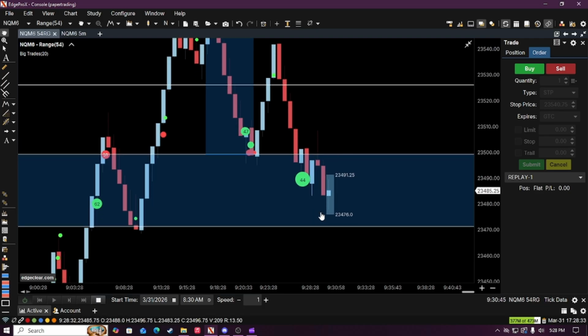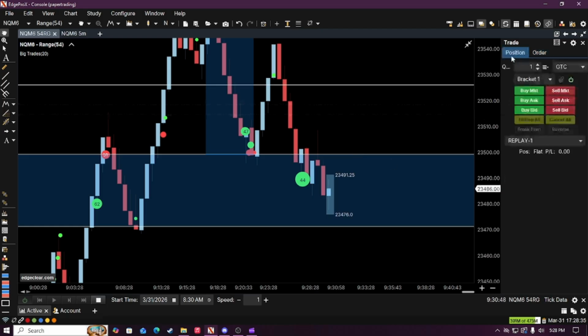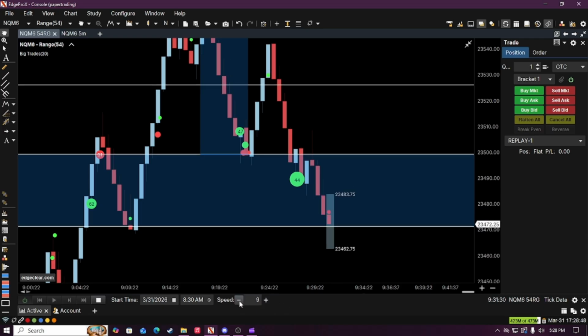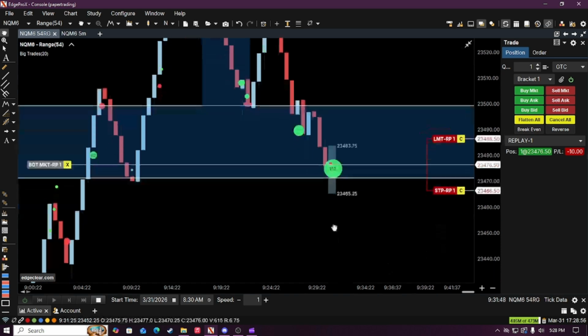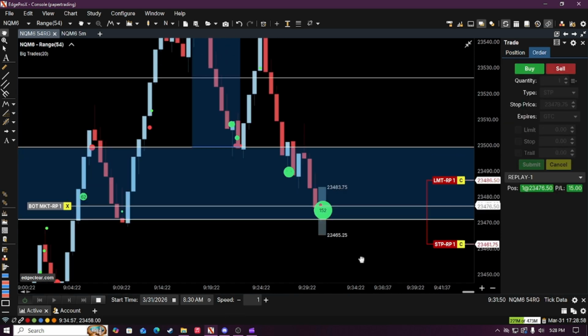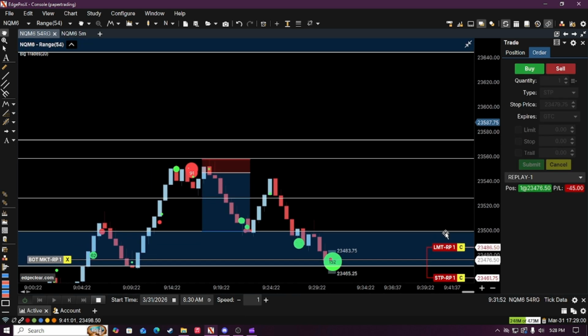But this was the position where I said, you know what, I'm going to enter here. I need to wait for the candle closure, and a little bit of aggressive momentum on these candles. There you go. I look at this 152 and I was like, okay, this is a plus.